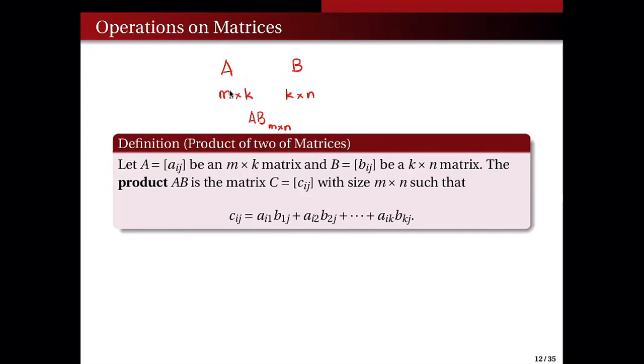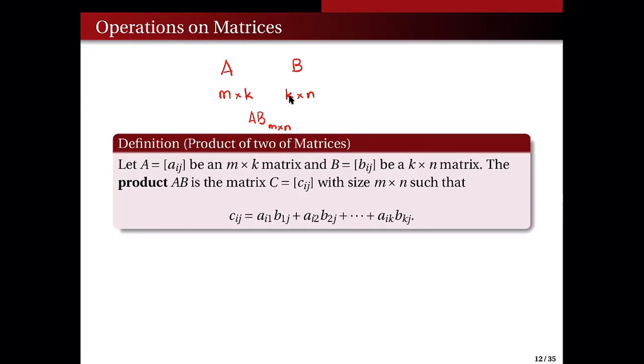Now, what does this mean? K, it's the number of columns of A, or K here is also the number of rows of B. So you can multiply two matrices if the left factor, okay, if the number of columns of the left factor is the same as the number of rows of the right factor.